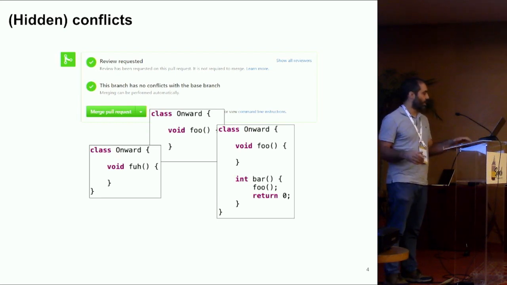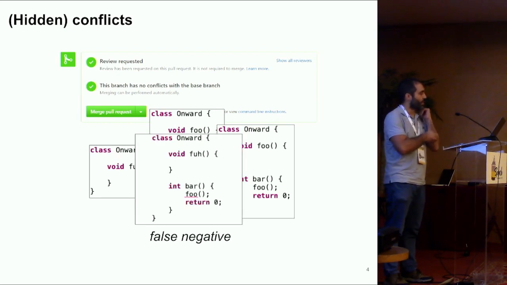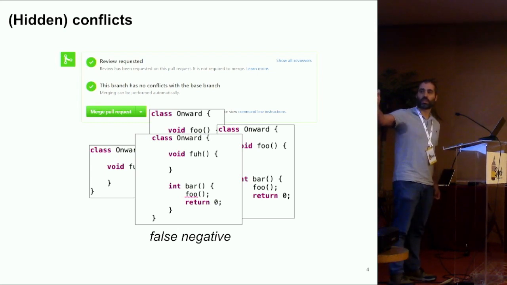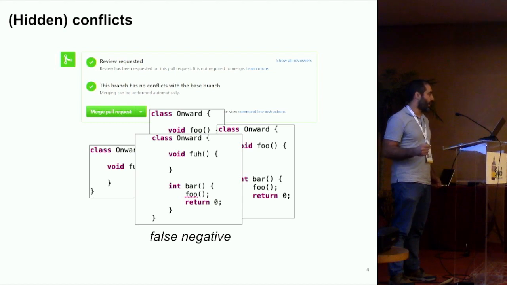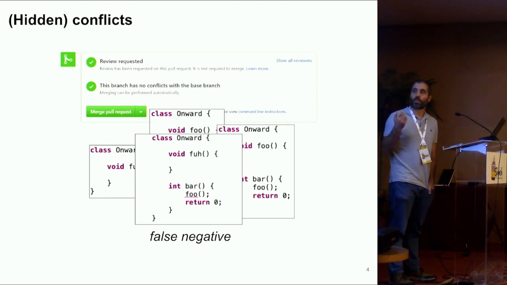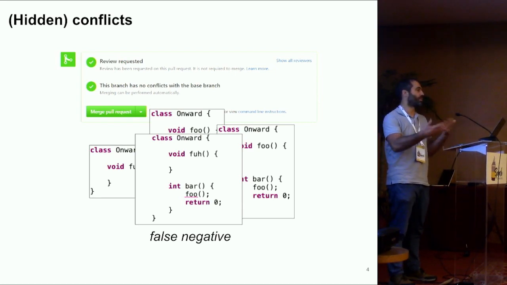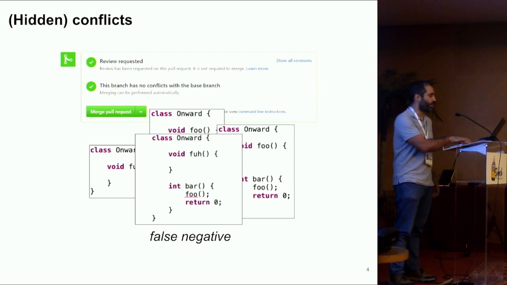Git says there is no conflict, but in fact there is. If we try to merge, that foo reference is outdated. This has been referred to in the literature as a false negative, because the tool is not pointing out a conflict, but in fact, when we merge, we get non-working software with compilation errors.